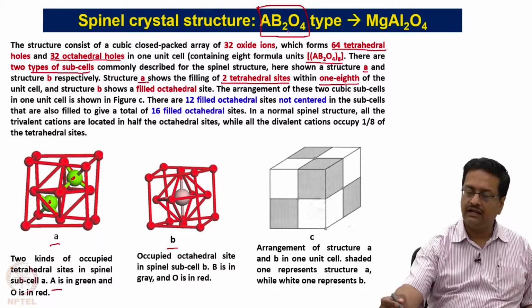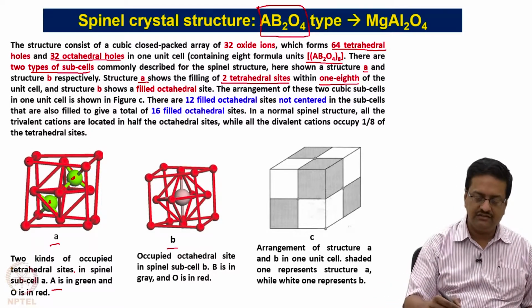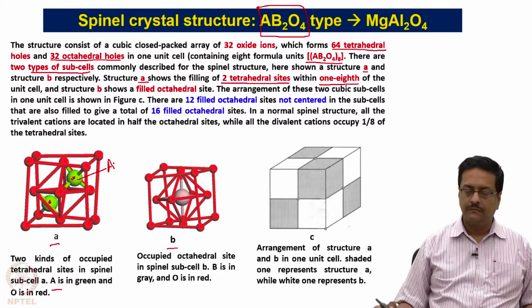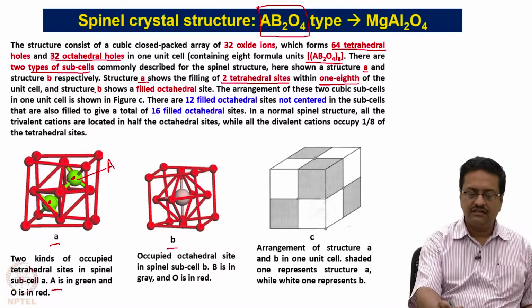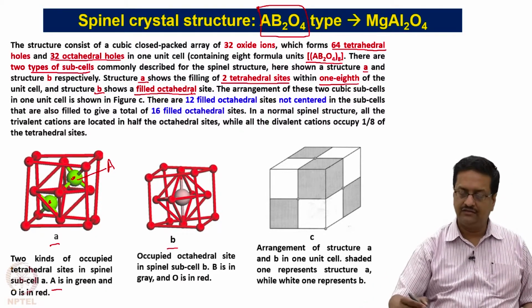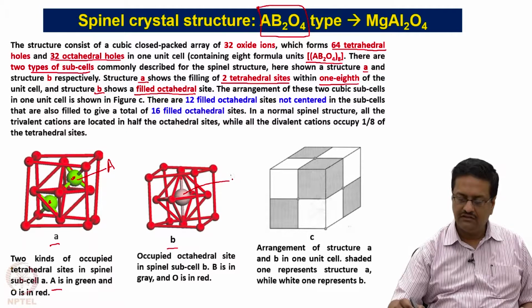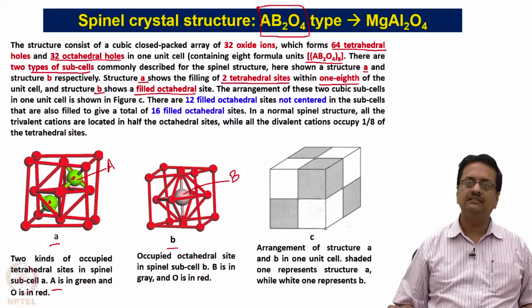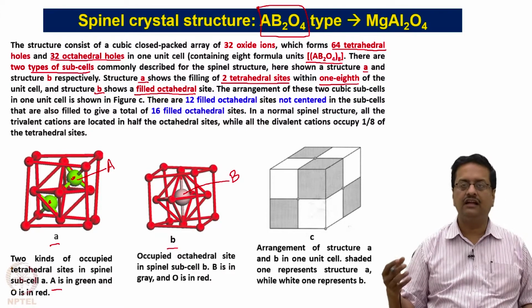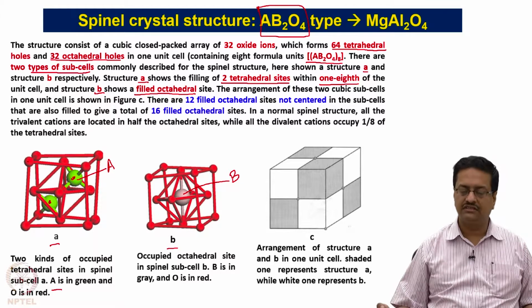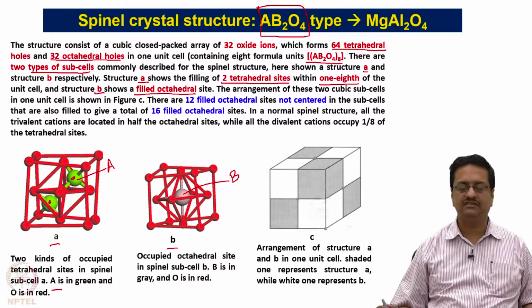The atom A, or the cation A, is represented as green. So, this is the cation A. In the structure B, it shows a filled octahedral site, which is this one. So, this is the cation of type B. That means a trivalent cation is sitting at that particular subcell of this face centered cubic structure.